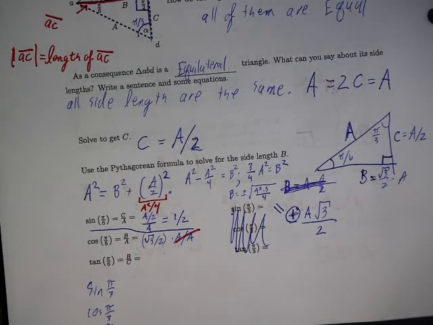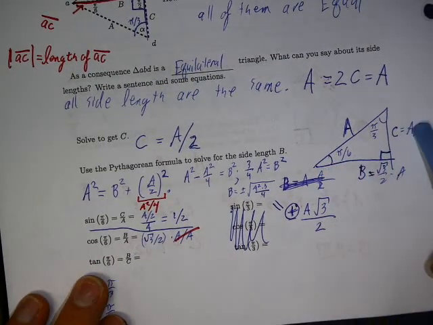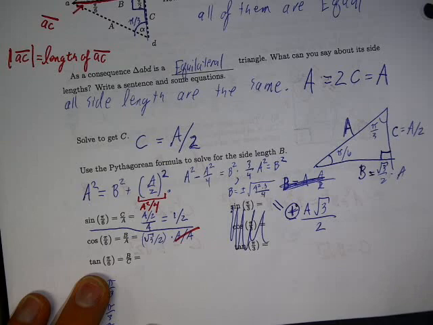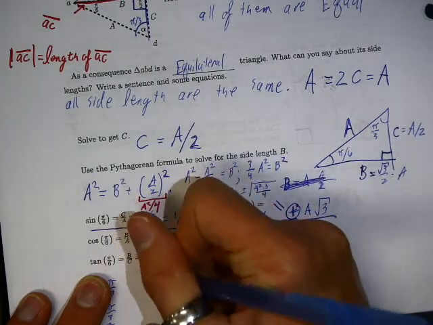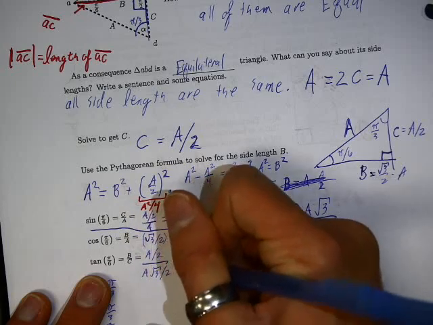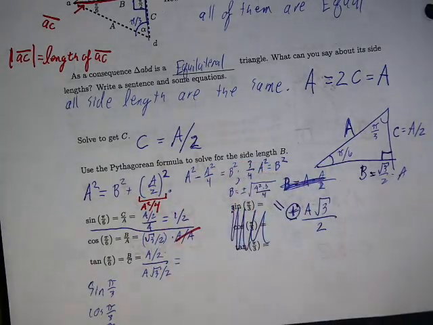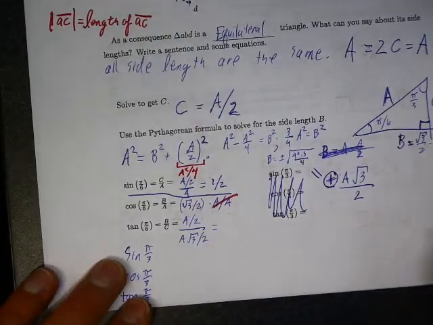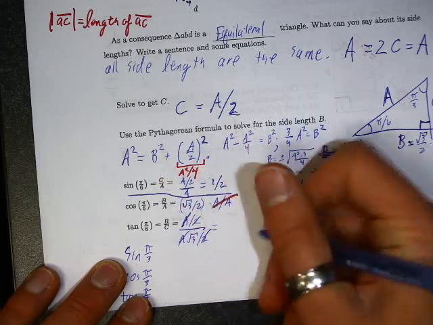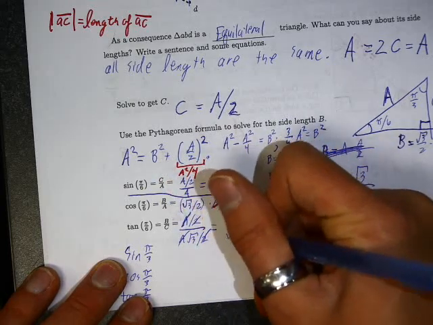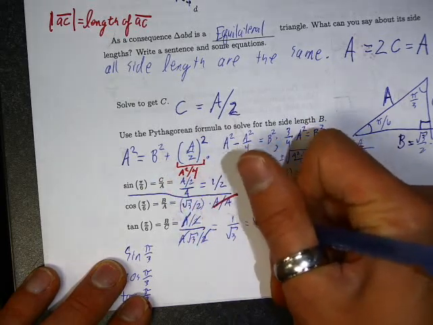The tangent of pi over 6, tangent is opposite over adjacent. So that'll be A over 2 divided by A root 3 over 2. And maybe I'm going a little bit faster now. So the A's cancel. The 1/2s cancel. That's 1 over root 3, also known as root 3 over 3.